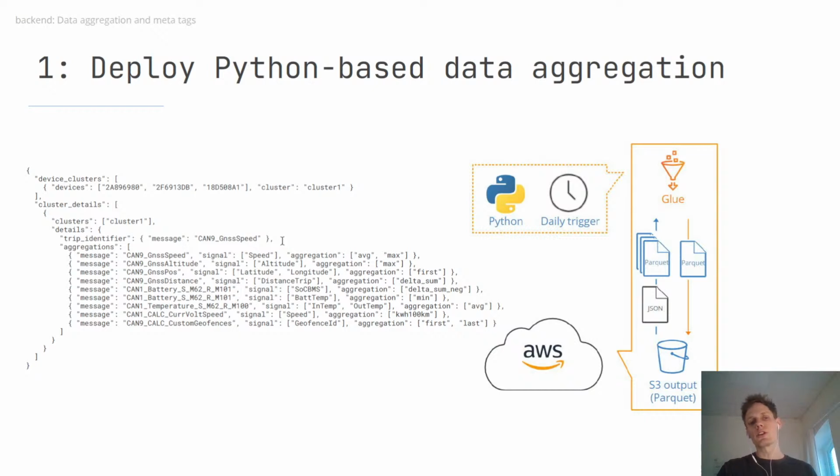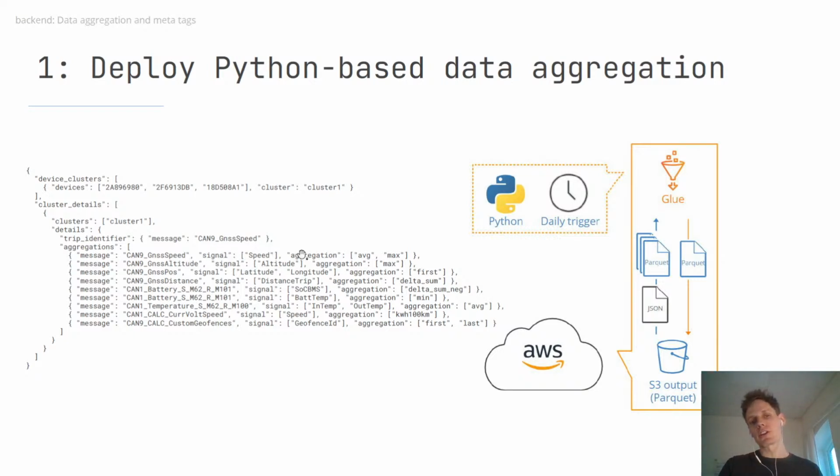So essentially, we say, whenever we have a period where there is no more data for the GPS speed for 2 minutes, for example, we consider that to be a trip identifier. Using that information, we can then identify windows of trips and separate them in that manner, and then perform all subsequent aggregations based on those trip windows.